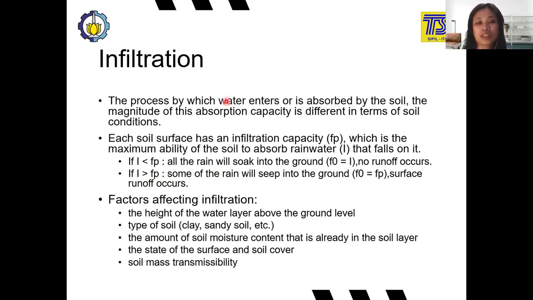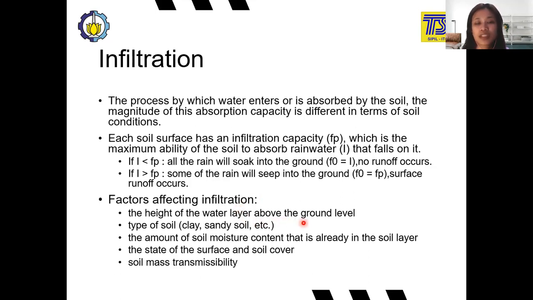Because the rainfall is bigger than the capacity of soil absorption, only some of the rain will be absorbed into the soil, and the amount of rain which cannot be absorbed will flow on the surface or become surface runoff.